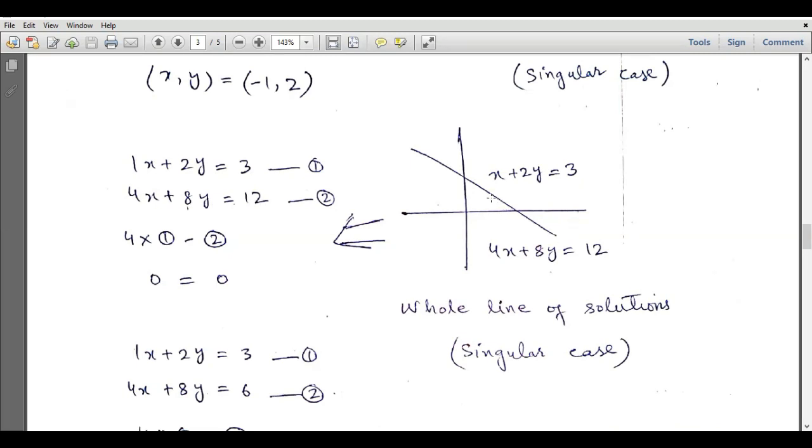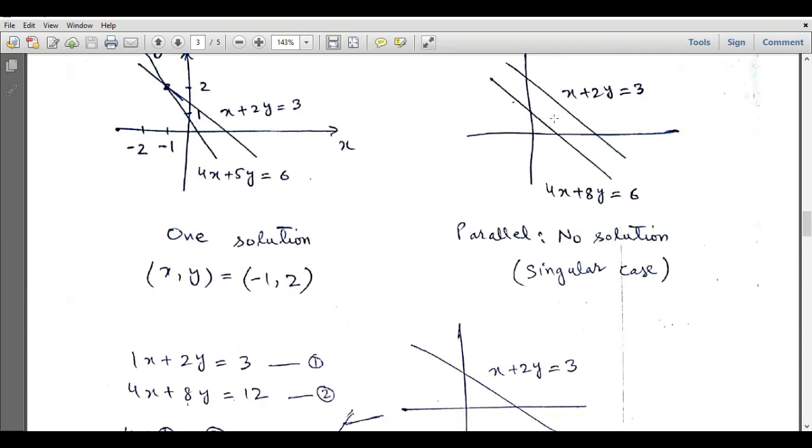So there are infinite intersection points or common points in these two equations, and in this case the whole line of solution will be evaluated. So this type of system of equations is also non-solvable, and we can say that the solution of these two equations doesn't exist.